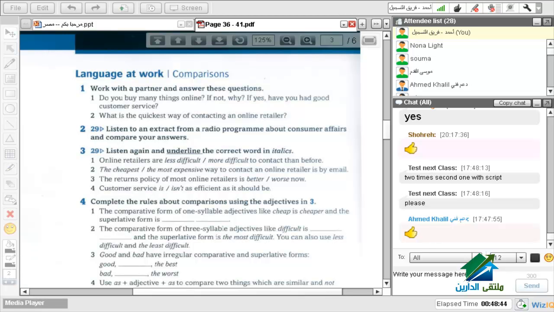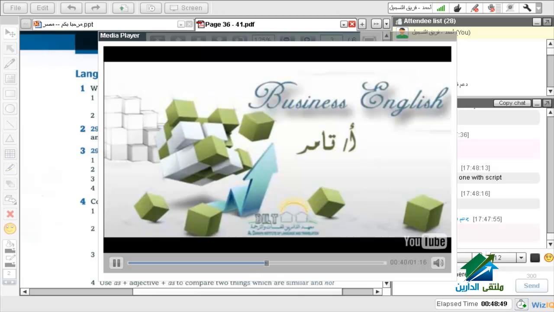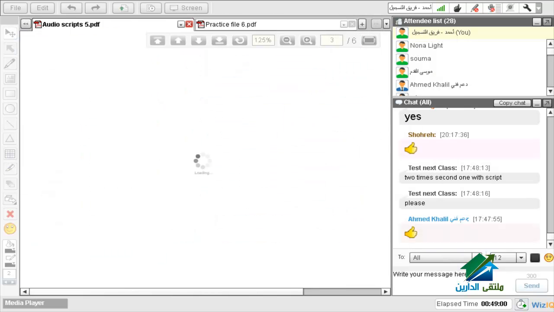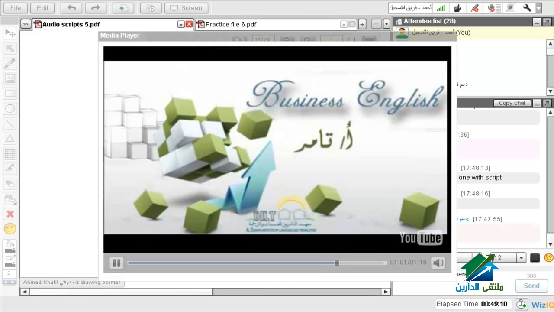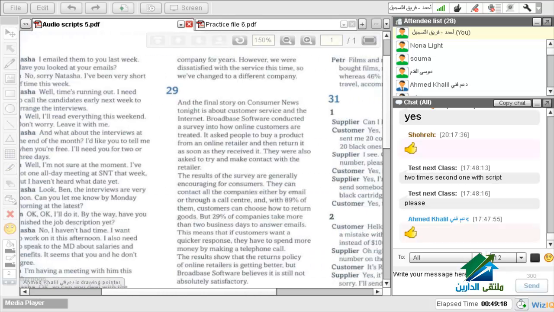They can contact all the companies, either by email or through a call centre, and with 89% of them, customers can choose how to return goods. But 29% of companies take more than 2 business days to answer emails. This means that if customers want a quicker response, they have to spend more money by making a telephone call. The results show that the returns policy of online retailers is getting better, but broad-based software believes it is still not absolutely satisfactory.